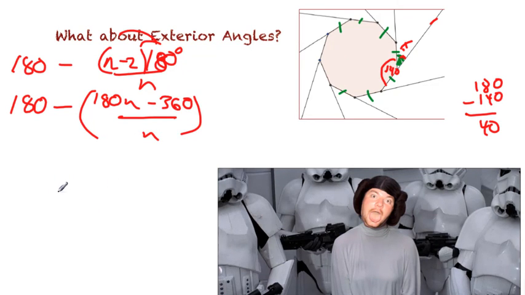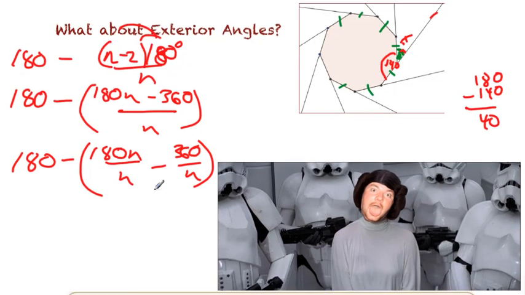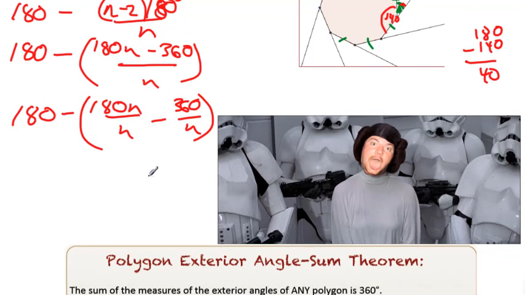Now I'm going to break this up using the distributive property. Instead of being 180n over n and 360 over n, I'm going to try to do this fast because I know some of you are going to be gouging your eyes out. All I did was take that. Remember, Bruss taught us this in section 2.4 in algebra. It's like the distributive property. Now what?